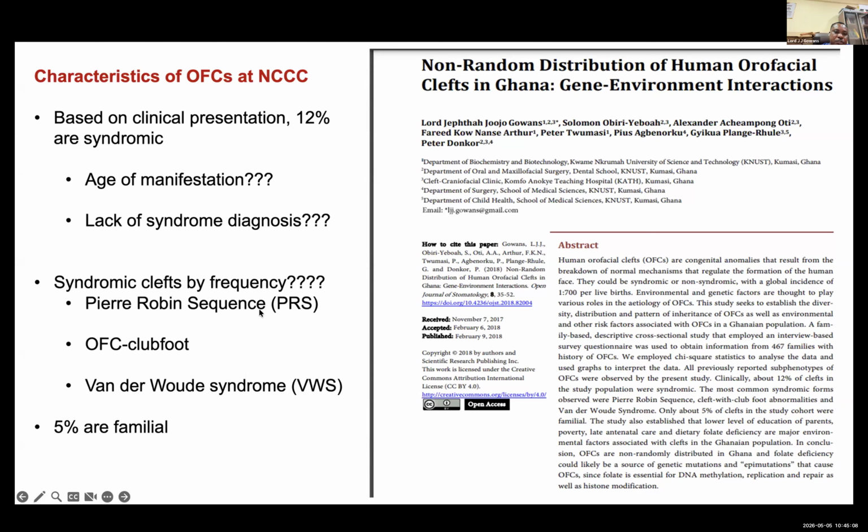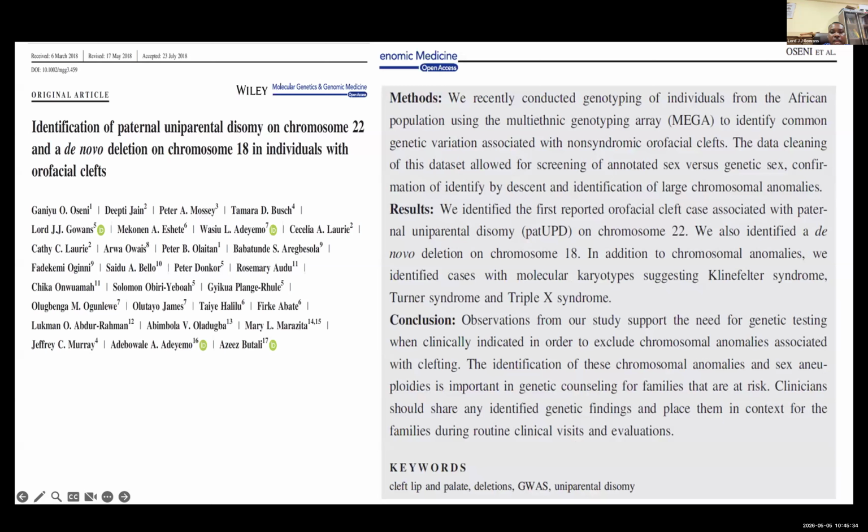But we know that PRS, for example, is not a single syndrome. Stickler syndrome, and even Treacher Collins syndrome, may present with Pierre Robin sequence, characterized by micrognathia, glossoptosis, and sometimes cleft palate. So it's difficult to always tell what syndrome we are dealing with, especially when genetic testing is not common in our setting.